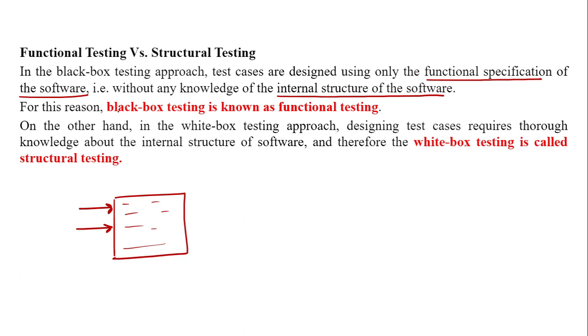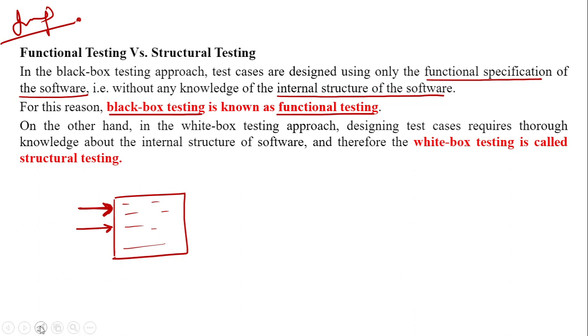So for this reason, black box testing is known as functional testing. Very, very, very important point. This slide is very important. Okay, so because in functional testing we only know what will be the functionality of the software, black box testing is known as functional testing.